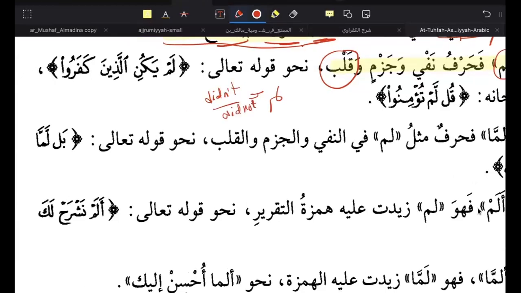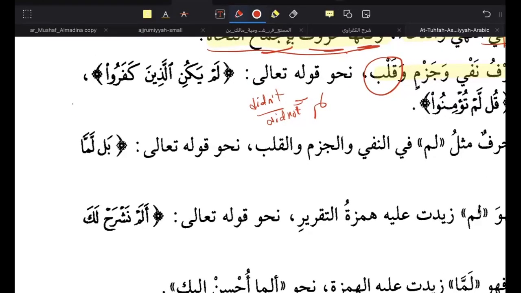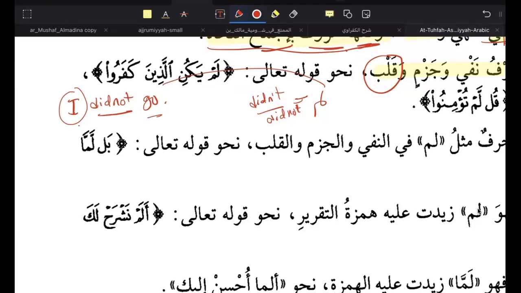didn't, did not. How do we use did not in English? You say what? I did not go. So the question is, are you negating something that is present tense, future tense, or the past tense? Obviously, you're negating something that happened in the past, right? You said you didn't go, so it did not happen.